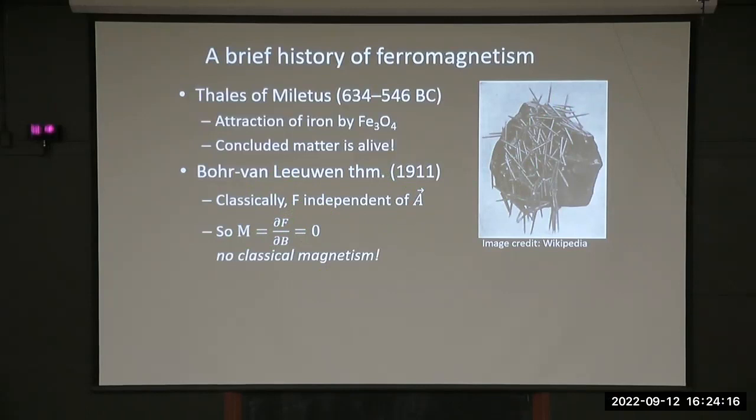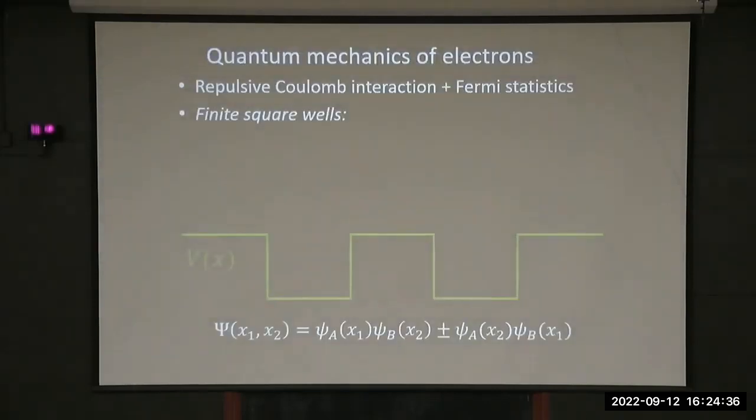But there's another sense in which our experiments on magnetism haven't actually evolved all that much since the time of Thales, in that all the magnets that we know about basically rely on spin orbit coupling. And some of what I'll show you today is to some degree a different type of magnet that doesn't rely on it.